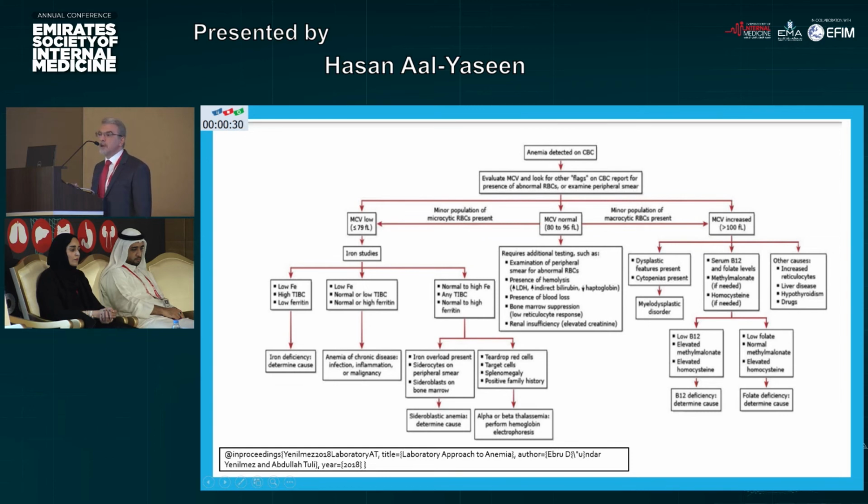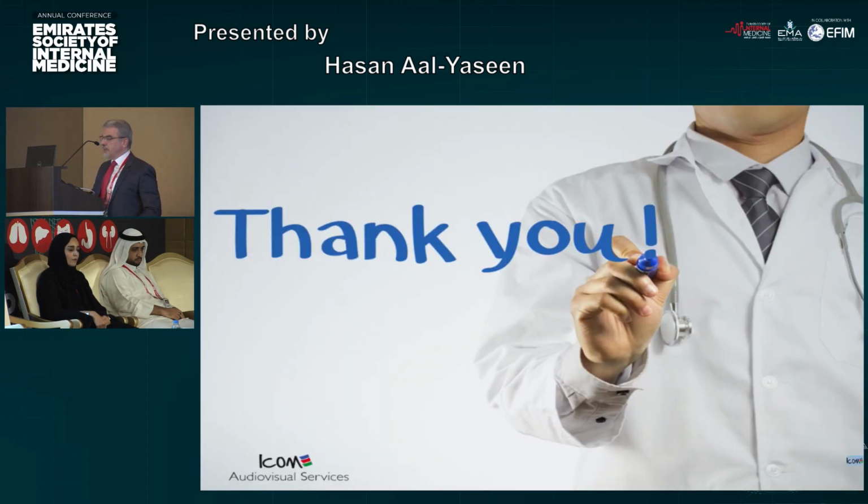Now, if you have normal MCV, you should do, of course, retics, because this will lead you to whether you are dealing with hypoproliferative cases, and in that case, you should directly go to the bone marrow and do a biopsy, or you are dealing with normal MCV with a hyperproliferative case, then you are dealing with peripheral destruction.